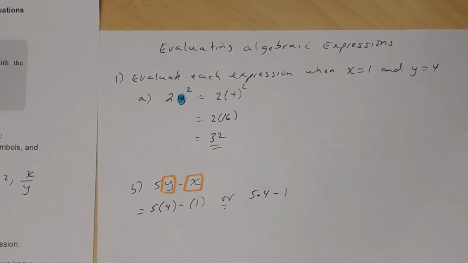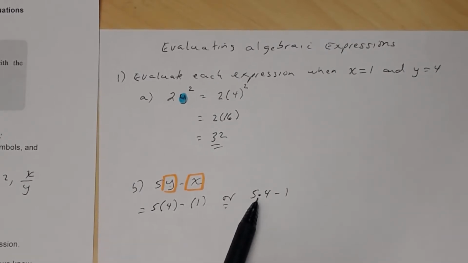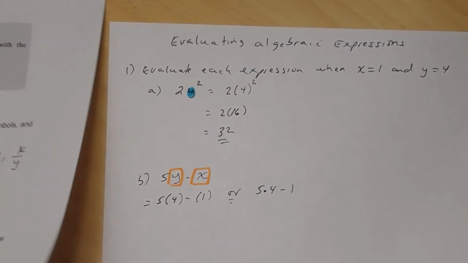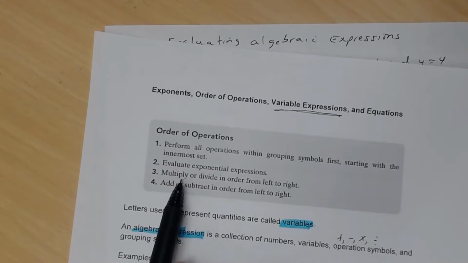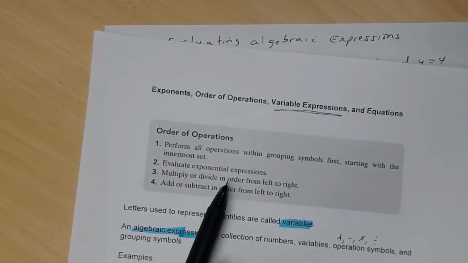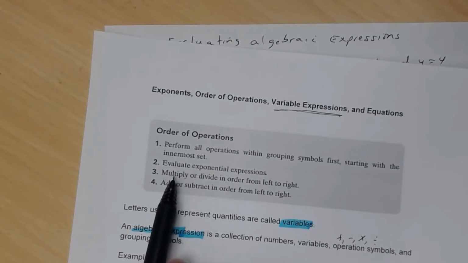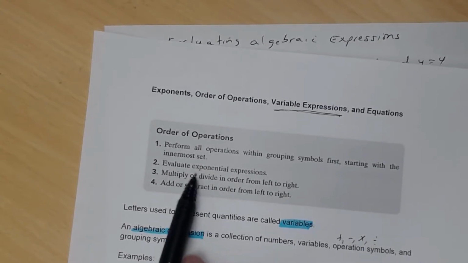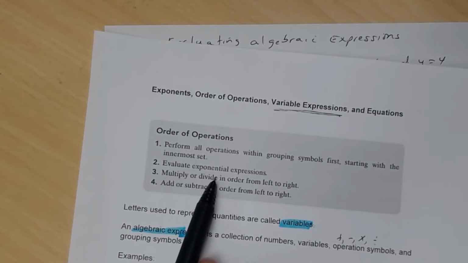Using the order of operations, notice what I have: multiplication and then subtraction. According to the order of operations, I do multiplication and division in order from left to right. Now remember, this doesn't mean I do multiplication first. It means I do multiplication or division as I see it from left to right.